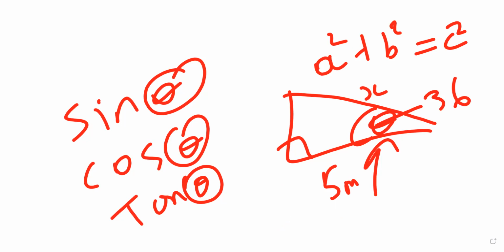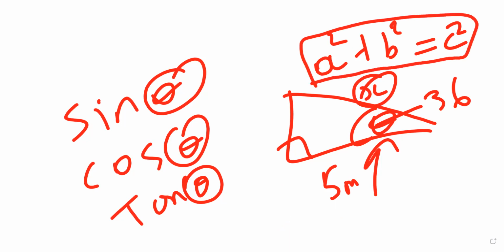If I wanted to find the value of the missing side, which is the hypotenuse, could I use the Pythagorean theorem to solve this? No, because this theorem has nothing in it to accommodate this 36 degrees. And so we could not use the Pythagorean theorem to solve for missing sides or missing angles in a right triangle that has a reference angle in it.